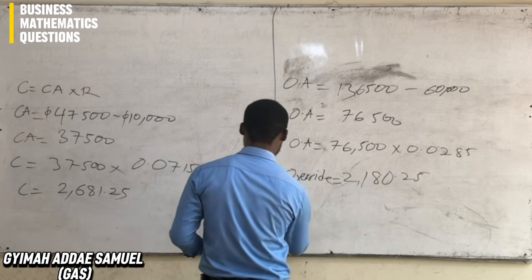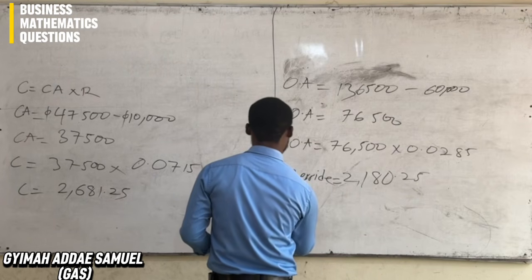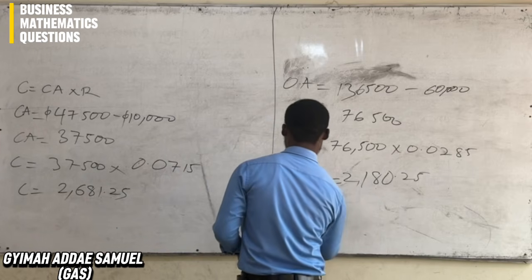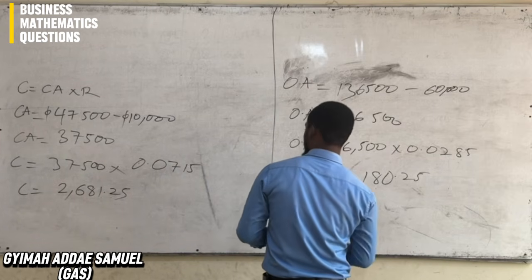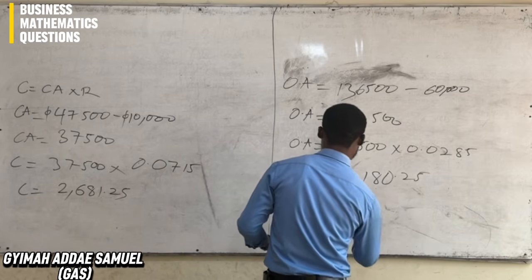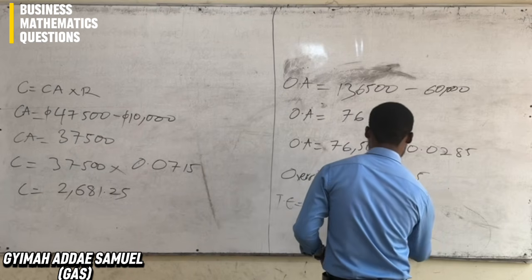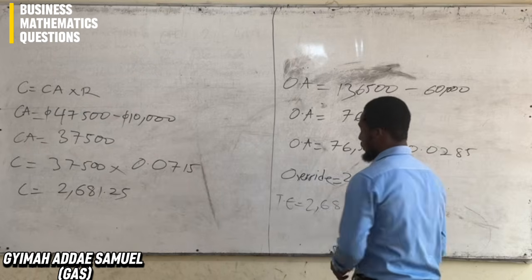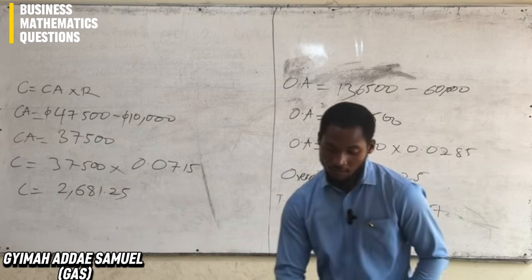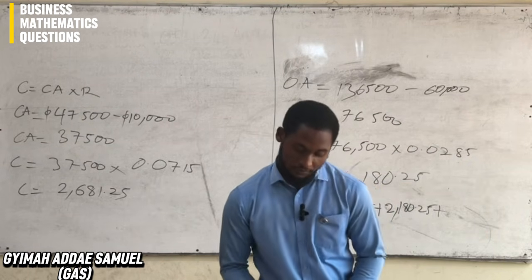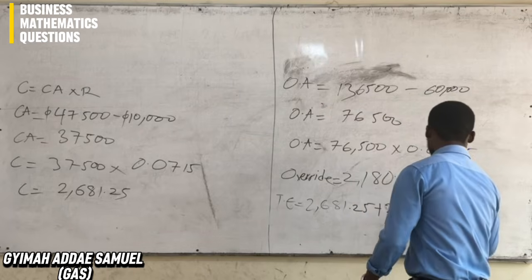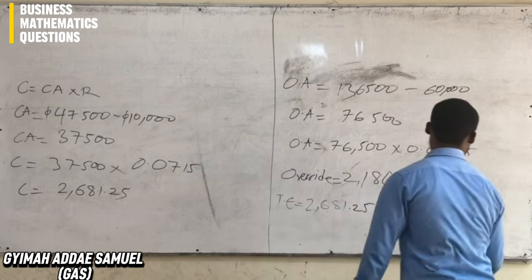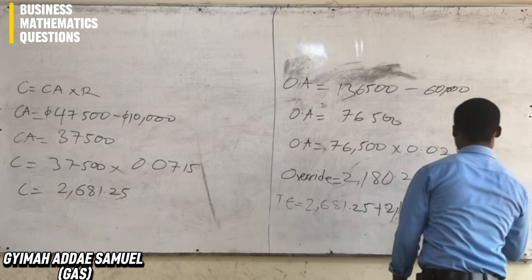So we have take home earning to be TE, and you have our commission to be 2,681.25 plus our override to be 2,180.25 plus our bonus to be 1,500 plus salary to be 1,850.